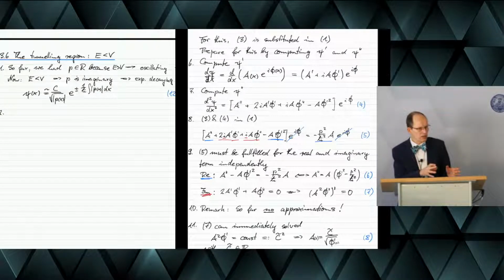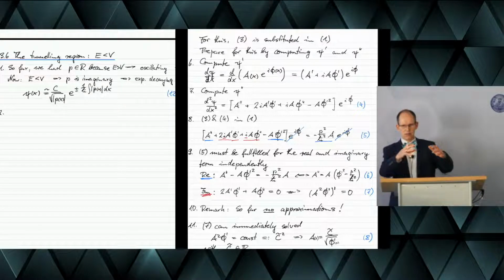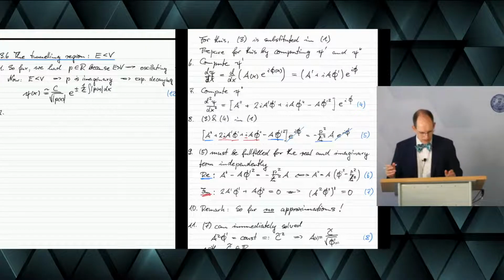One would need to look at whether all the conditions are fulfilled, but they are actually, so I don't want to spend time on that. So now we look at a generic tunnel problem. We have a tunnel barrier which has an arbitrary shape, and we just look at how things are going.